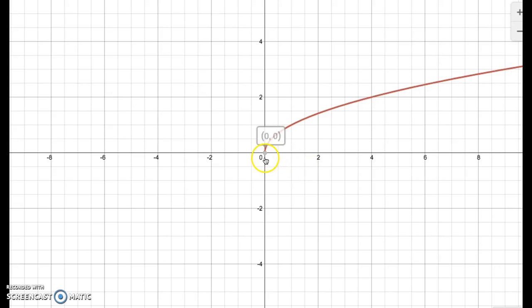For domain, I'm just looking for x values, and I notice that all of them on this curve happen when x is either 0 or some positive number. So what happened to the negatives? Why aren't there negatives in the domain of this function? Well, can we take the square root of a negative number?